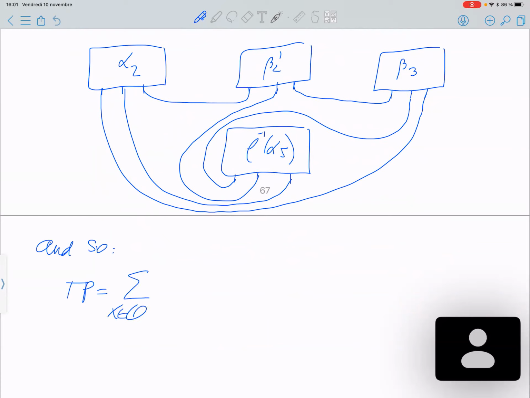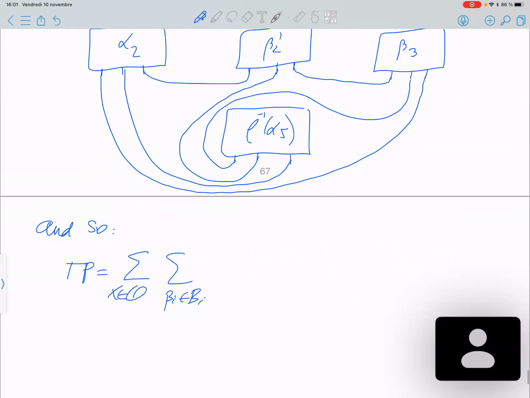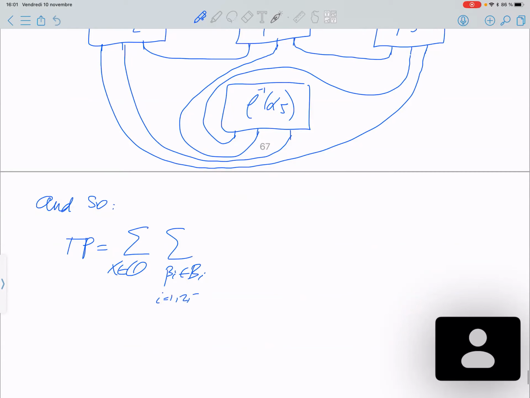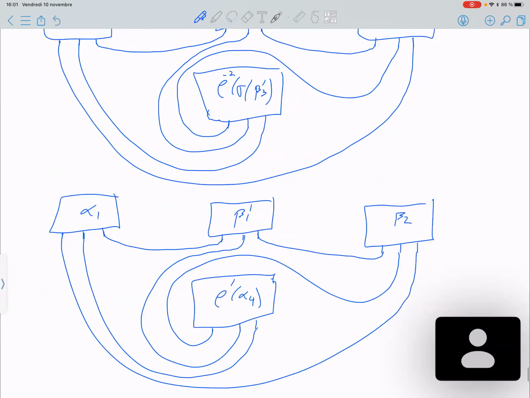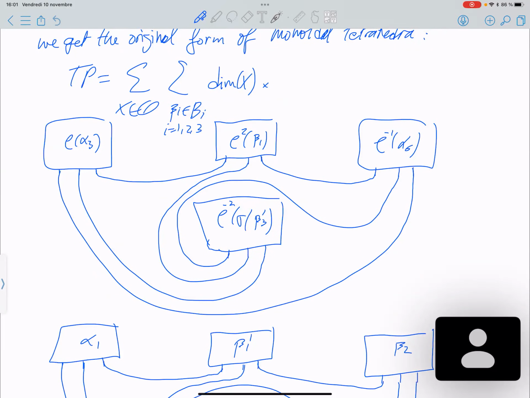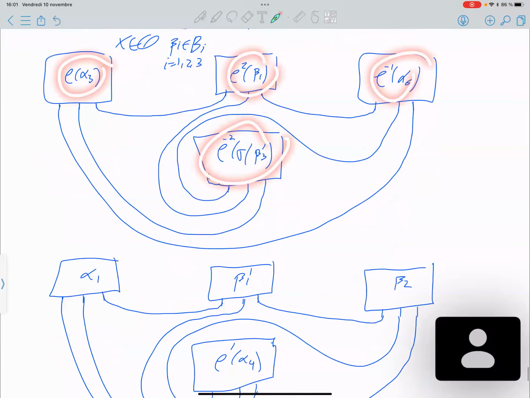Sum for x in big O, sum for beta i in b_i, i equal 1, 2, 3, dimension x, t. So the first one, remember, the morphisms are ordered: the first here, second, third, fourth.